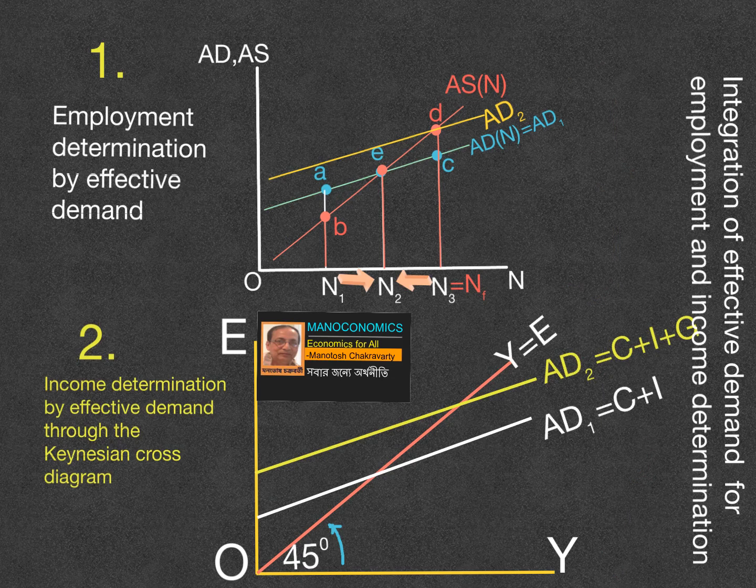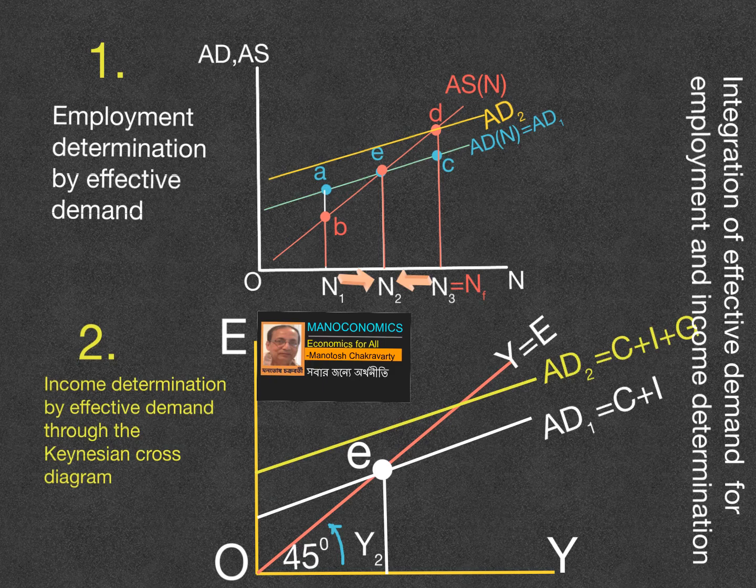The aggregate demand curve is transformed into aggregate spending or aggregate expenditure, which equals consumption expenditure plus investment expenditure. So AD1 equals C plus I, and this AD1 intersects the 45-degree line at the point E, by which the income level OY2 is determined.